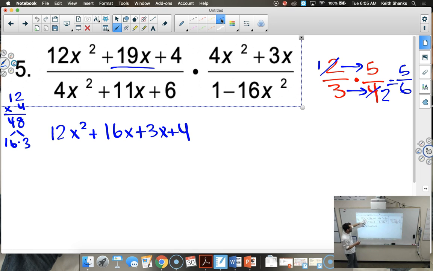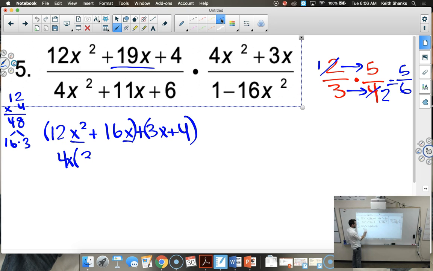And once you do that, you can group this together. So I group this together, and I group this together. These guys both have a 4 in common, so if I take out a 4, I end up with 4x. They both have an x there.